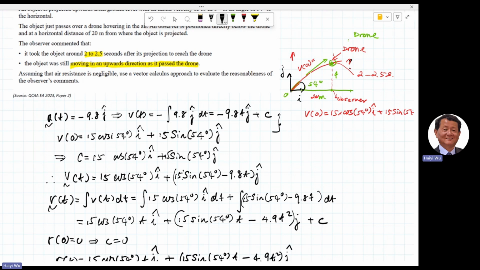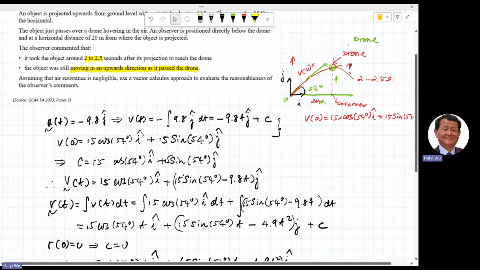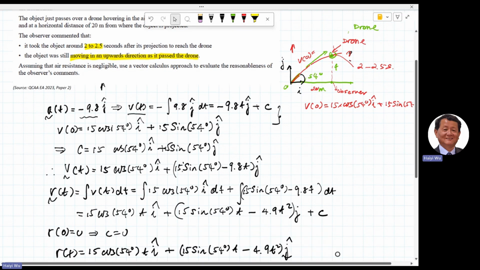Since this object is thrown upwards, the acceleration vector is negative 9.8 in the upwards direction, so negative 9.8 j. Velocity is the integration of acceleration, so we find the velocity vector is negative 9.8 t j plus c.